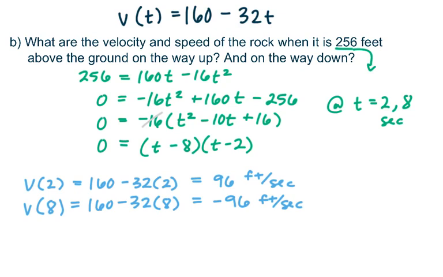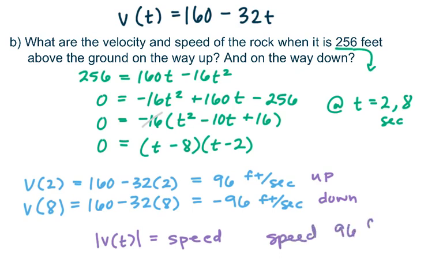So this positive velocity is the velocity when we are traveling up, and the negative velocity is the velocity when we are traveling down. So the velocity is positive at t equals 2 seconds and negative at t equals 8 seconds. We're traveling up for the first half, we've reached the maximum, and then we have turned around and we're coming back down. Remember, the absolute value of velocity equals speed. So the speed at both of these is just 96 feet per second.